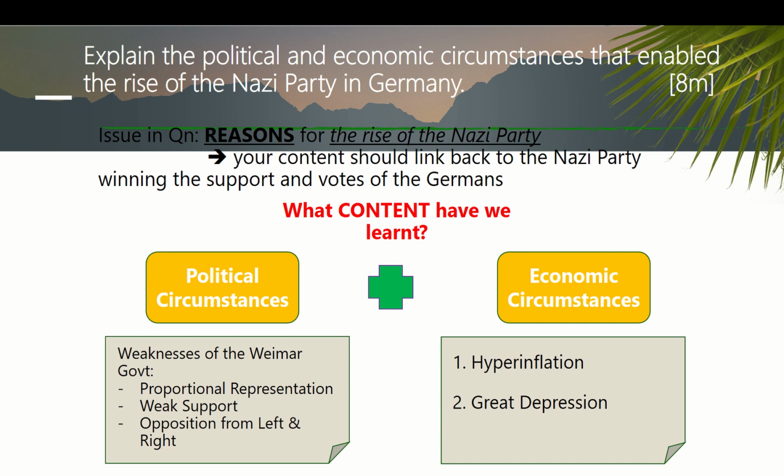If you don't do that, your answer is a L2 answer, meaning that you are only at the point of elaboration. There is no explanation. So your explanation needs to be very explicitly written down for the marker to see.